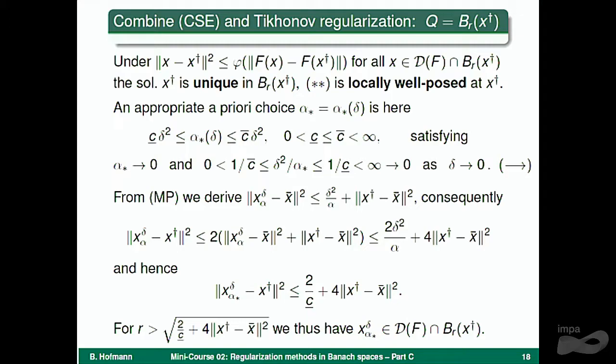Under this condition you can use an a priori parameter choice such that alpha of delta has a constant multiplied by delta squared as a lower bound, and an upper bound also a constant multiplied. If you divide delta squared by alpha, there is an upper and a lower bound, nothing goes to 0, nothing to infinity. For example, you take alpha star as 5 times delta squared, and it should work.